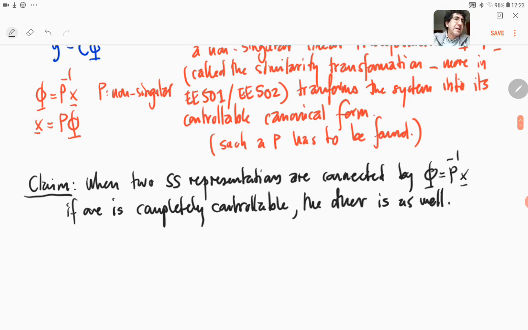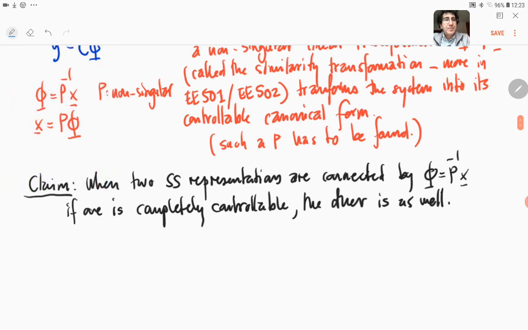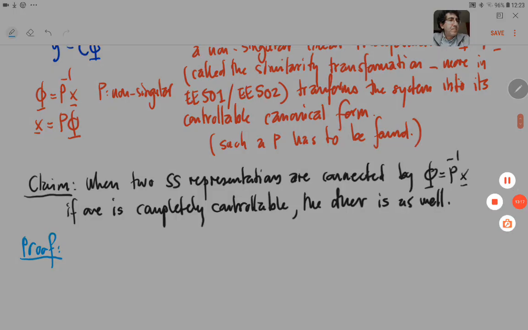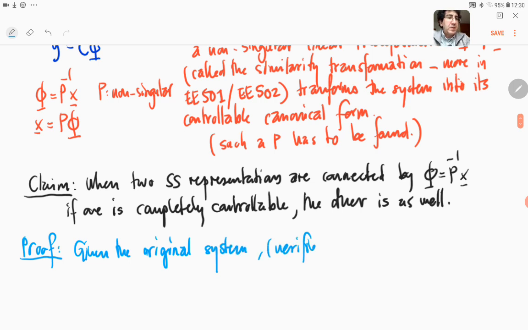In fact, this claim is also true for complete observability. Let me proceed with the proof of this claim. Given the original system, this is verified to be completely controllable.